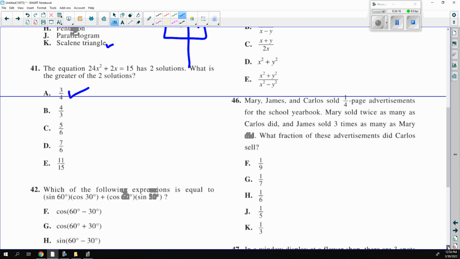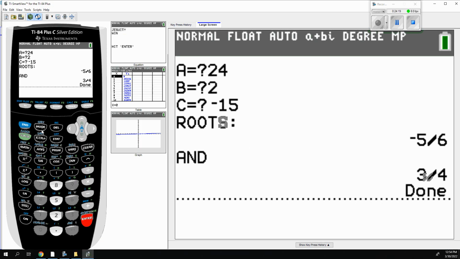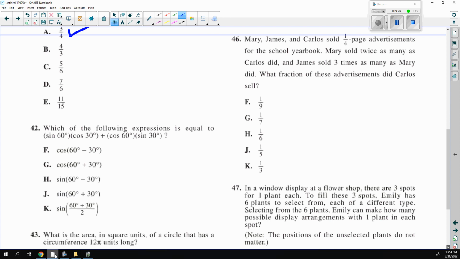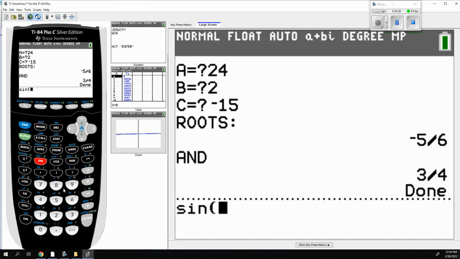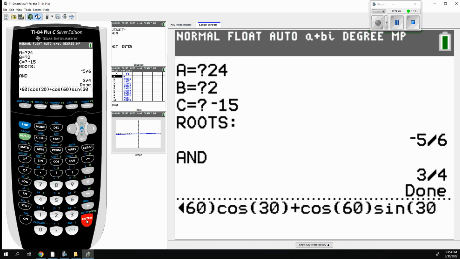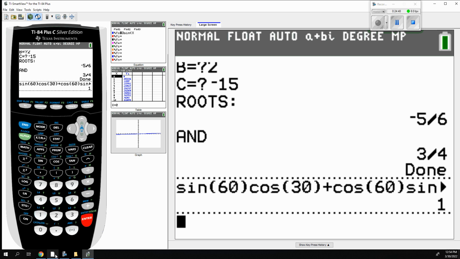Straight into the calculator for those that don't have the trig. Sine 60, cosine 30, plus cosine 60, sine 30 is 1.